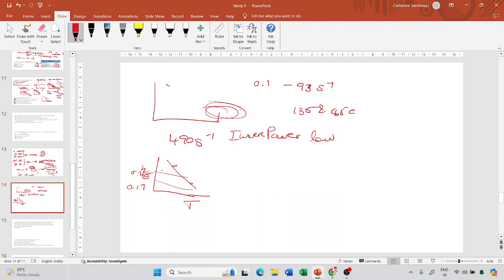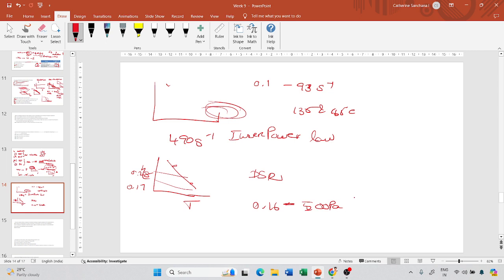In the case of steady shear flow or shear stress sweep, you do it in a DSR. What you will do is a stress sweep from 0.16 to 500 Pascal.